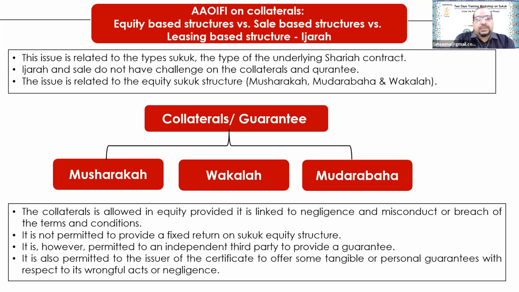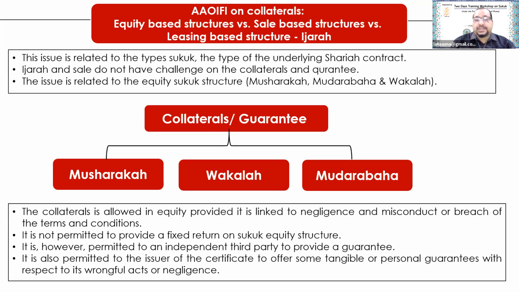Now, as a result, the collateral is allowed in the equity provided it is, as we mentioned, linked to misconduct, negligence, and the breach of the terms and conditions. If you put a clause under the guarantee in your legal documentation and you link it to this, you don't have a problem with compliance.